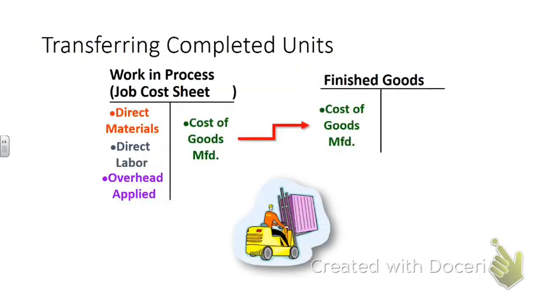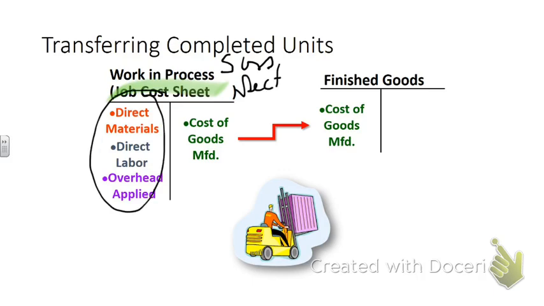Then, once I'm all done with the job, okay, notice what I have here. I have a job cost sheet. This is for the SAS deck or whatever it is. Okay, I've come up with all my costs over here. Maybe $2,450. Okay, I've got to get it out of there.